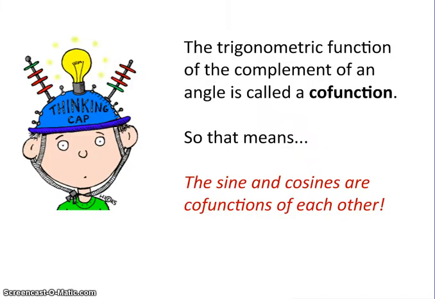So the trigonometric function of its complement angle is called a cofunction. That means that sine and cosine are cofunctions of each other. Probably how the name came to be of sine and cosine, because cosine was a cofunction of sine and vice versa.